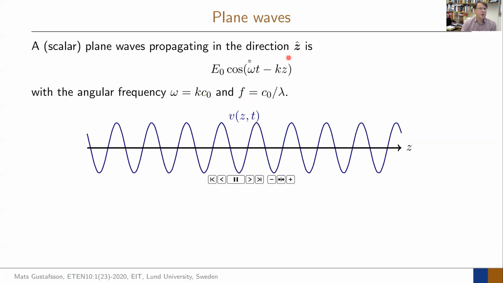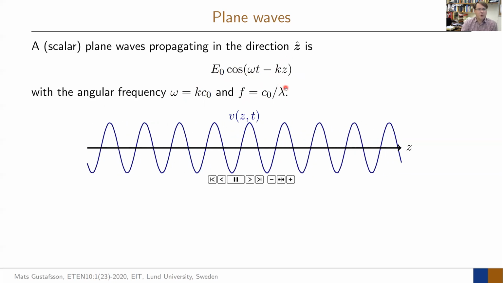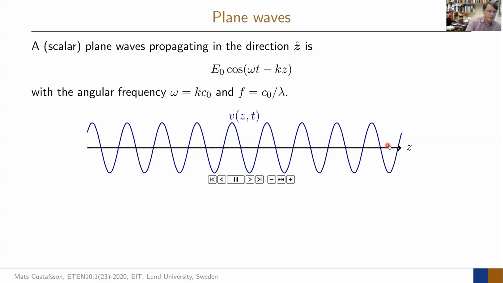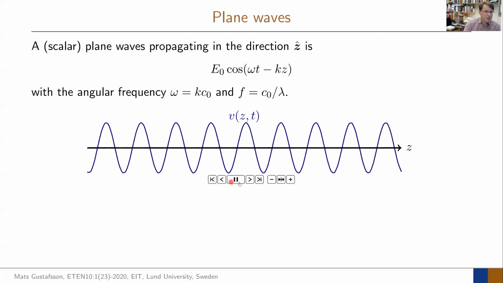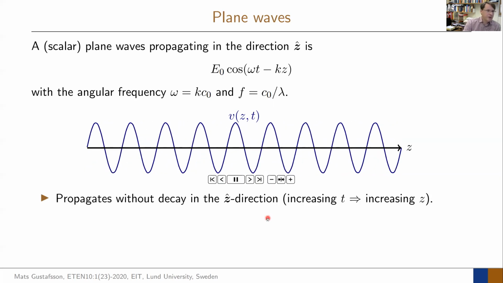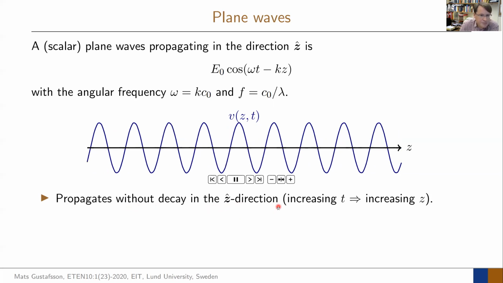So if we take this wave I have here, how do we know that it propagates to the right? You can see it in this picture here. It looks a little bit fast and wobbling in my view here. I don't know if I can reduce the speed. Never mind. It's probably the viewer. So this propagates with no decay in the z direction.